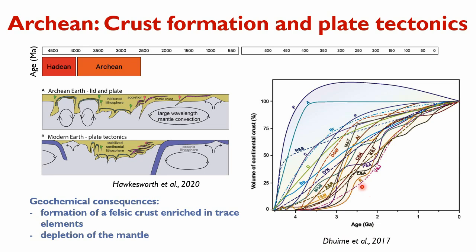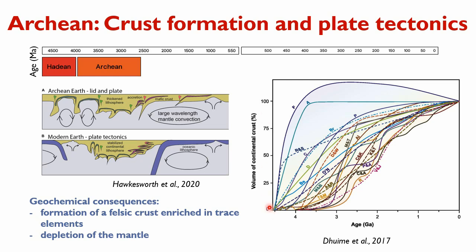I think it's a very nice figure, where it shows the proportion. On the y-axis, we have the volume of continental crust. So 100% means the volume of continental crust today, okay? And 0% means there was absolutely no continental crust compared to the 100% of today.